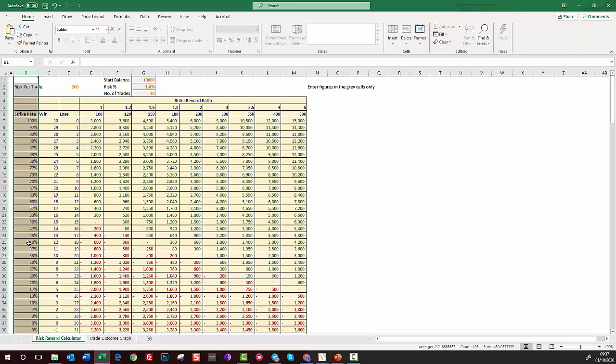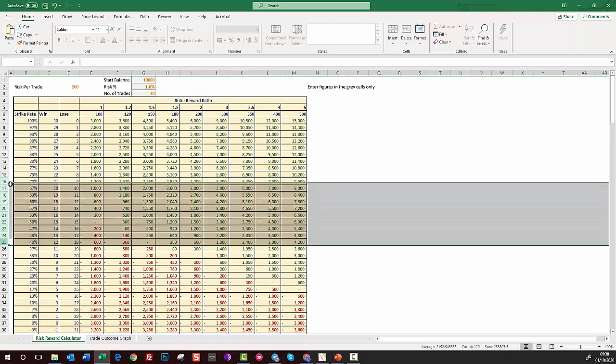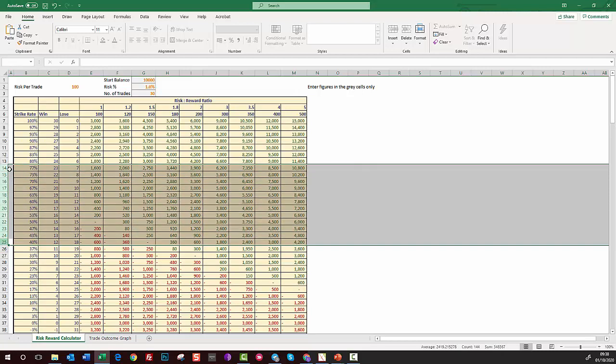So if you've got trading history and you've been trading a strategy for a number of weeks or months, you can look back and see roughly what your average risk to reward ratio is. Okay, so for example, I've personally had months of 40% and 38 to 40% strike rates, and I've had amazing months where I've been up in the 75% range.